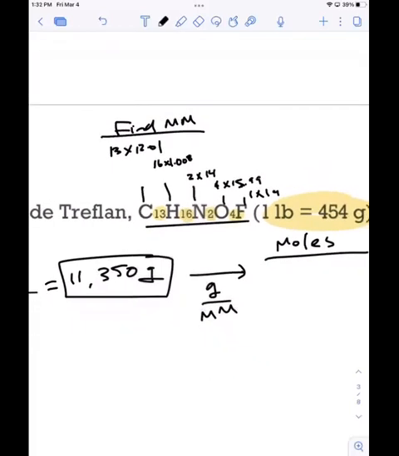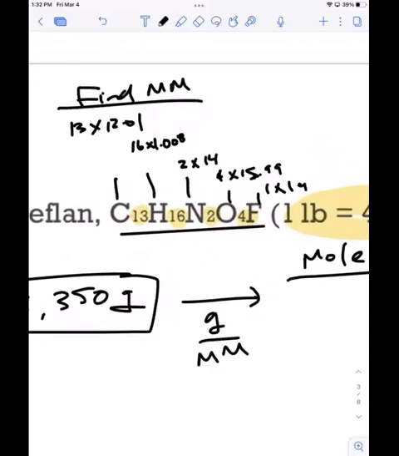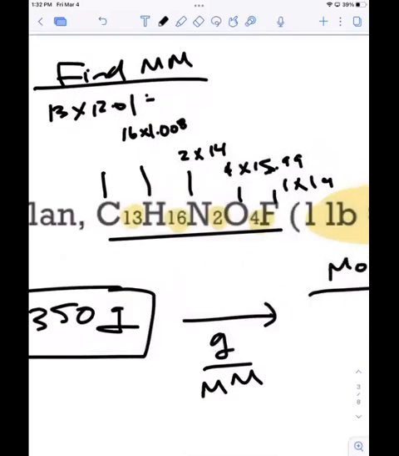Right. So let's find that molar mass. We could Google it, but I much rather calculate it because that's good practice. So this is gonna be 156.13.